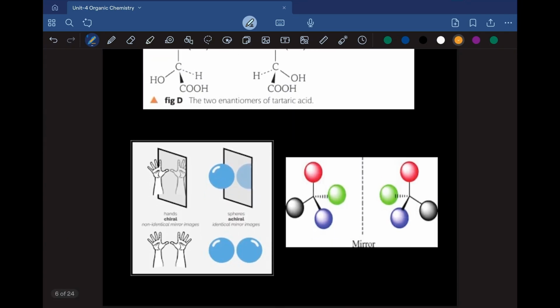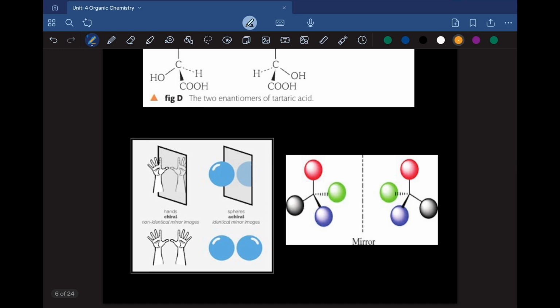Now have a look at this point. This is a chiral molecule and this is not chiral. How? It is non-superimposable on its mirror image. That means if you put your hand in front of the mirror, you can see your thumb is actually on the right side and your fifth finger is on the left side.